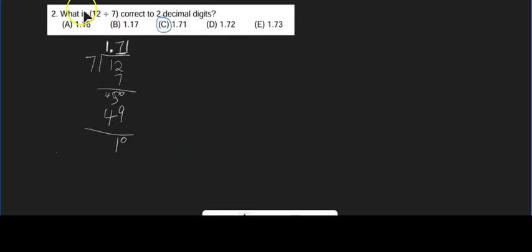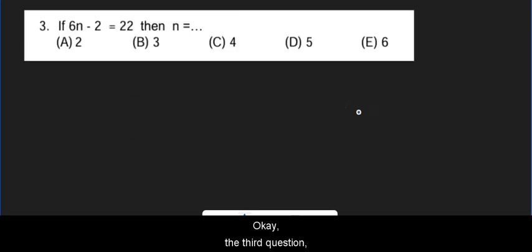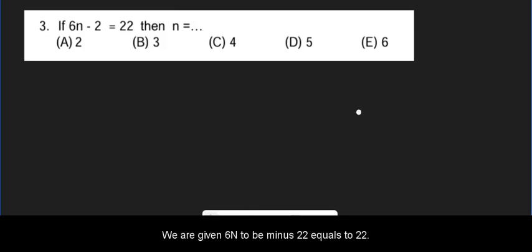Okay, the third question, it says if 6n minus 2 is equal to 22, then n is equal to, we need to find that. Okay, now how do we do that? Let's write down what we are given. We are given 6n minus 2 equals 22.